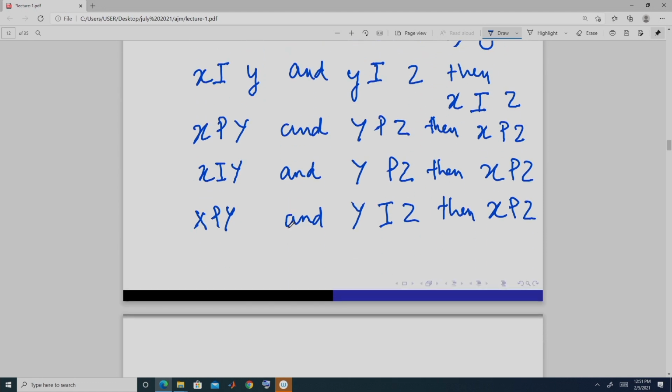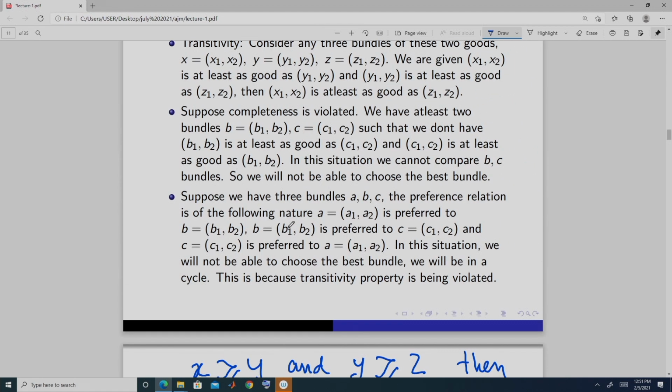Now we will see what happens if completeness is violated.